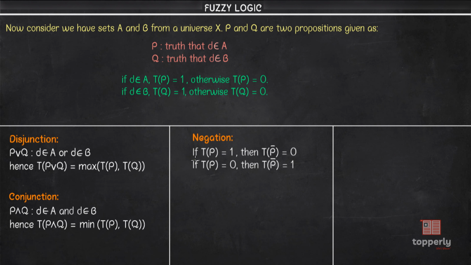That is, if T of P is equal to 1, then T of P negation will be equal to 0. Similarly, if T of P is equal to 0, then T of P negation will be equal to 1.